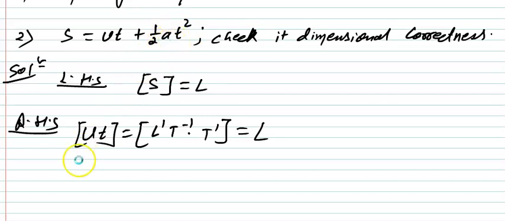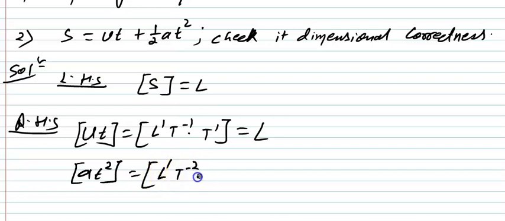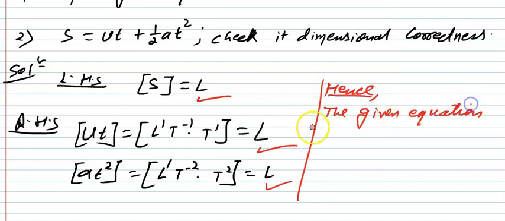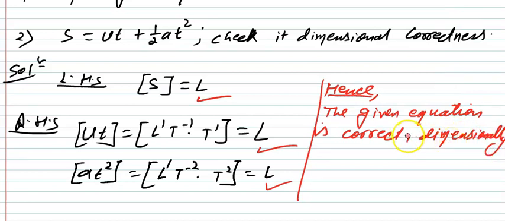So the dimension of at squared is equal to a for the acceleration, this is L to the power 1, T to the power minus 2, and this is T to the power 2, so its dimension is equal to L. So we can say that the LHS and the RHS all have the same dimension, L, L and L. Hence the given equation is correct dimensionally, right?